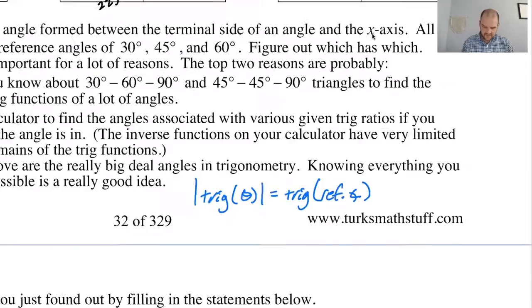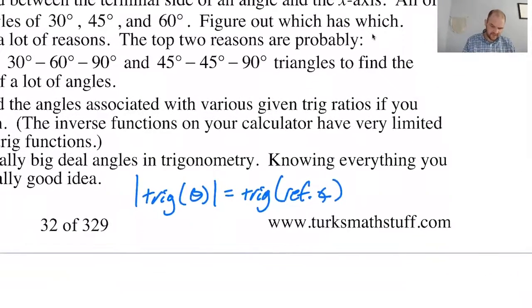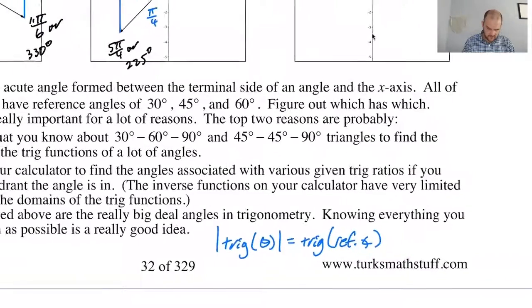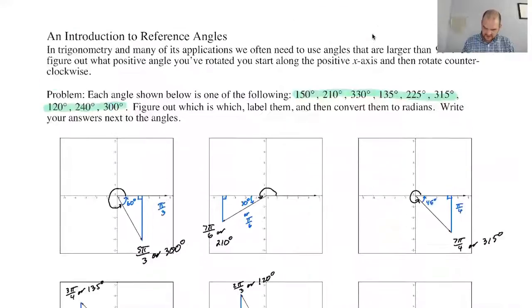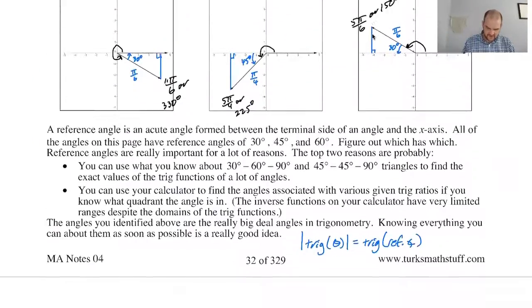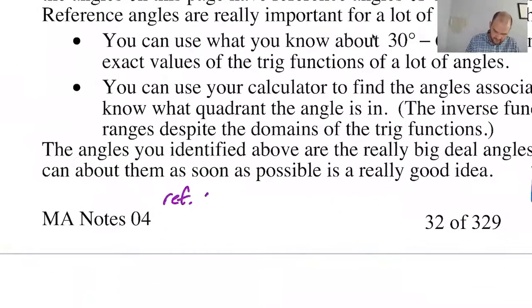They always have a positive value because a reference angle, I've provided exactly 0 space for you to write these things. So let me see here. Where could I put this? Where is there space? Nowhere. Okay, so here we go. A reference angle is always an element of quadrant 1.